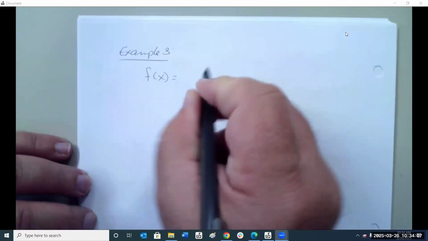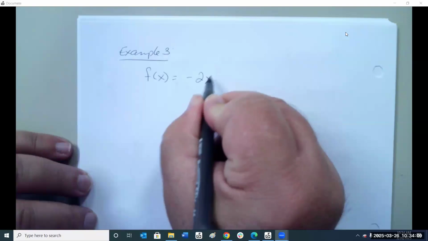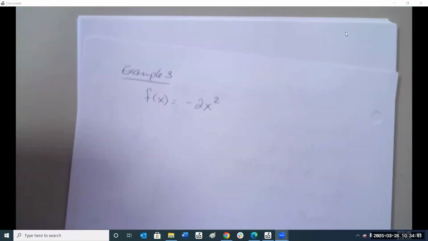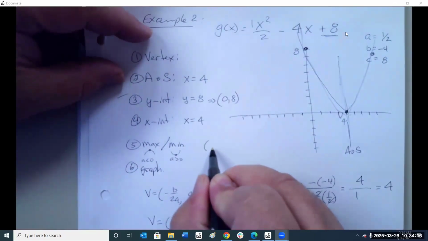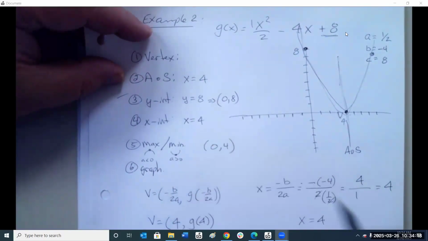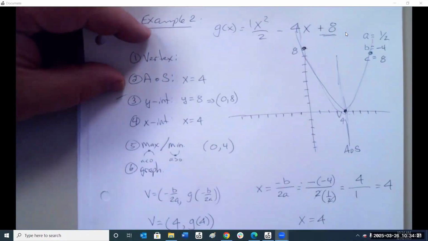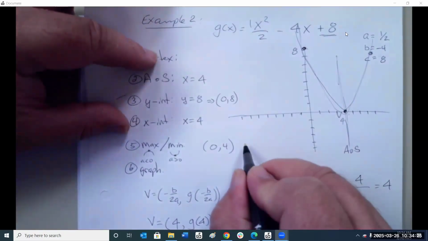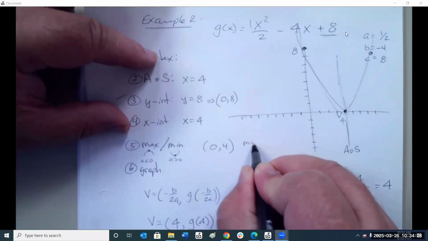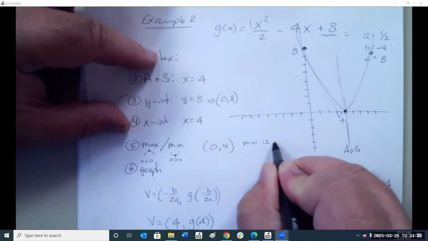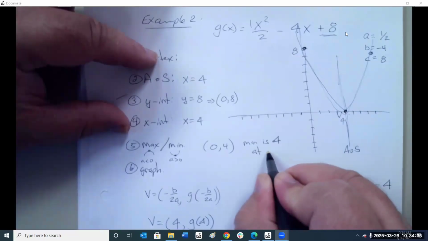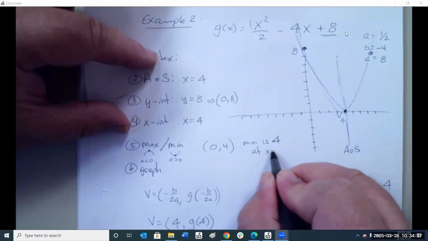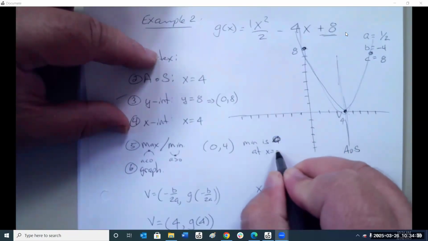F of x is equal to... So the minimum, that was 4 or 0 equals 0. The minimum is at 0, 4. The way you would say it: the minimum is 4 at x equal, no, the minimum is 0 when x equals 4.